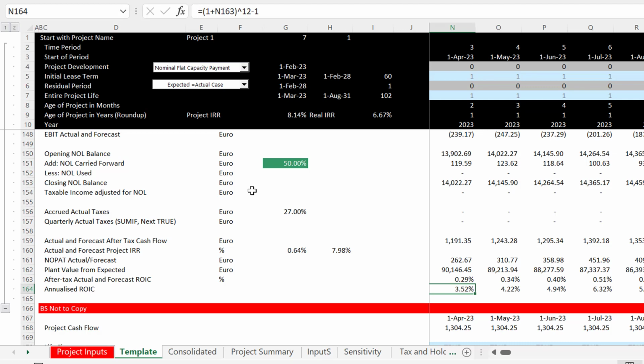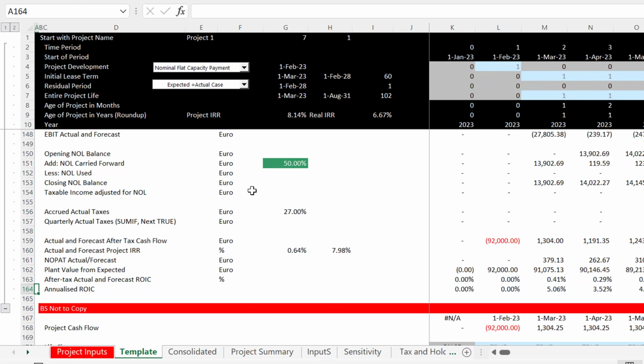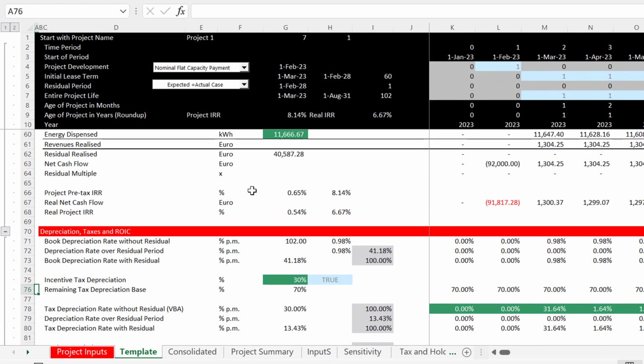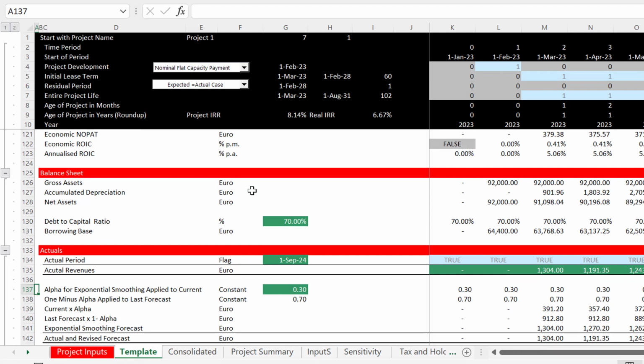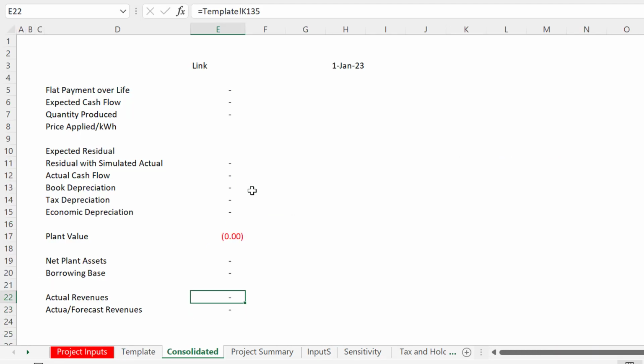And that's it. The real idea of this was to make a longer template. Now what we're going to do is consolidate this. I'm going to grab different numbers and make a consolidation, and we can look at the ROIC for our whole portfolio.